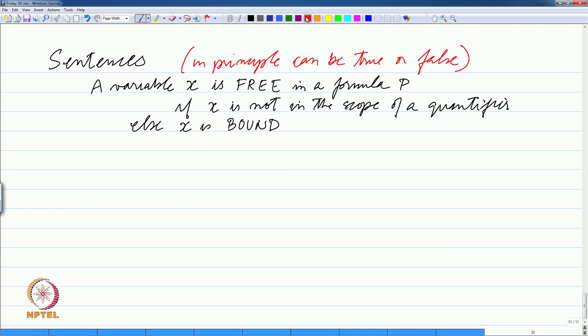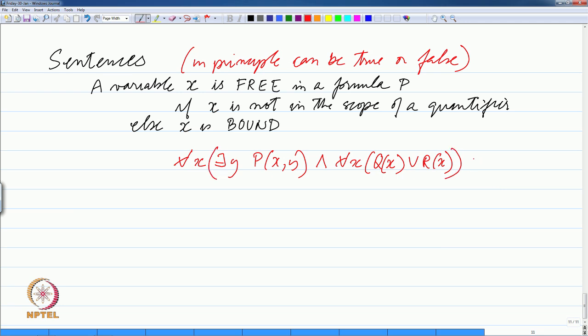Let me give you an example. Supposing we have some formula which looks like this: for all x there exists y p x y, and for all x q x or r x implies, let us say t x y.